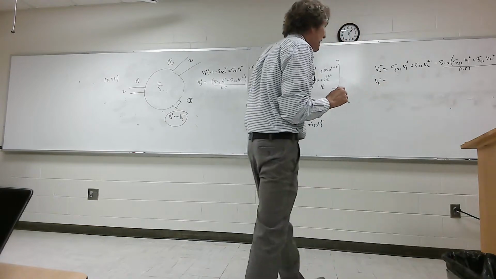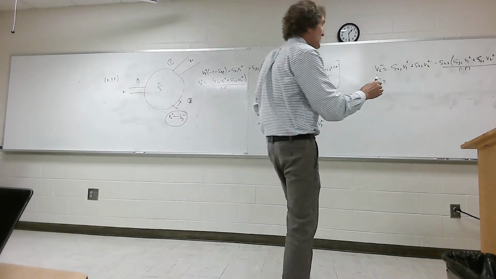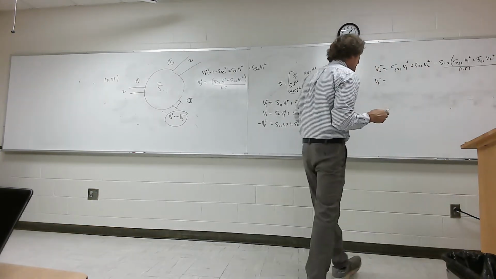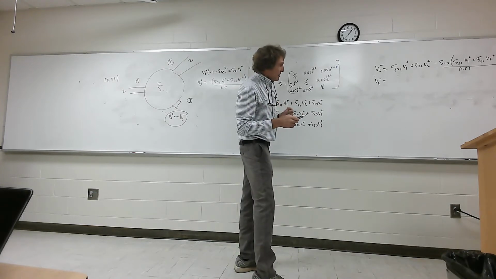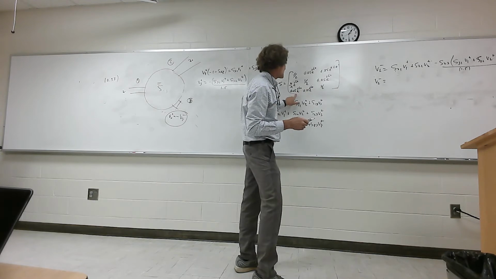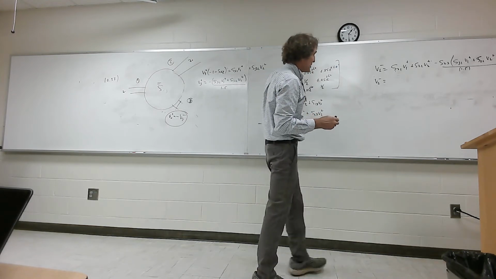I'm looking at S23 times S31. 23 is right there. The 31 is right here, so it's really 0.05 squared times e to the j 120 degrees. We'll just see what happens here.